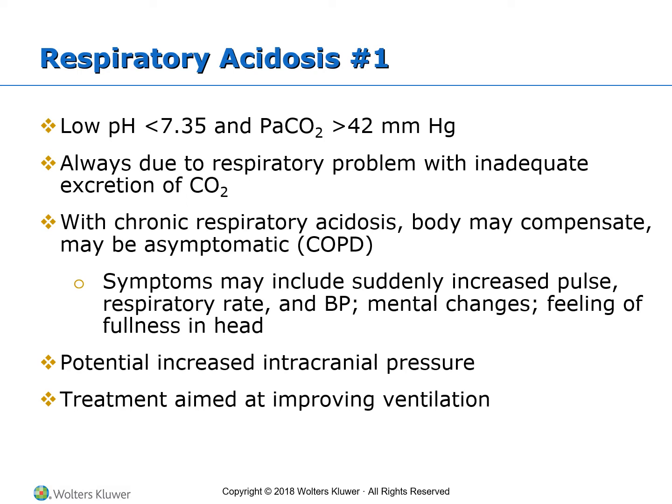Respiratory acidosis can be acute or it can be chronic. If it's acute, the causes would be pulmonary edema, aspiration, atelectasis, pneumothorax, overdose of sedative medications, or administration of oxygen to a patient who has chronic lung disease, and that will in turn give them too much CO2 in the blood.